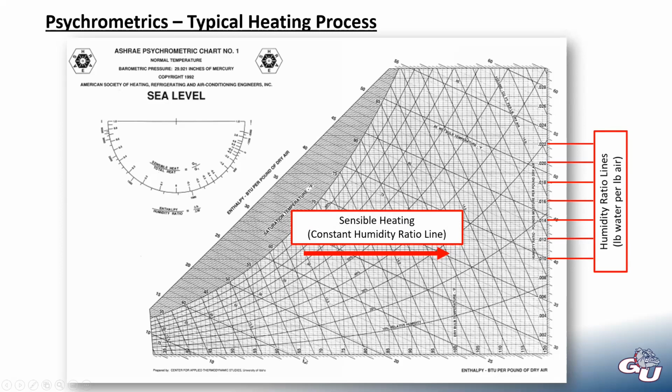But we are increasing the temperature substantially. So recall these numbers on the bottom. These are our dry bulb temperature readings. So this would be taking it from about 67 degrees Fahrenheit up to, say, 99, but no change in the water content. So the air starts cold, leaves hotter, but we have no change in our water content.